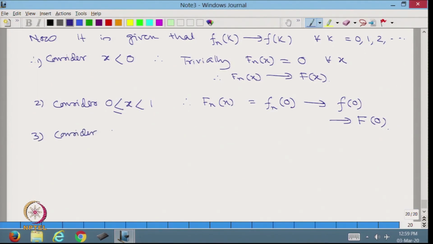Similarly, consider 1 less than or equal to x less than 2.